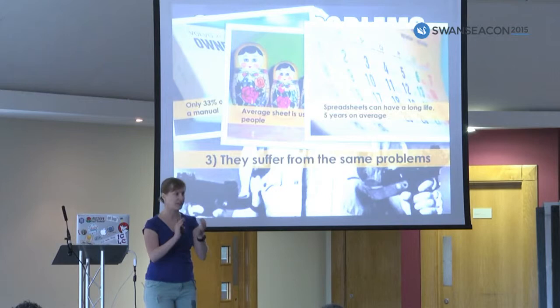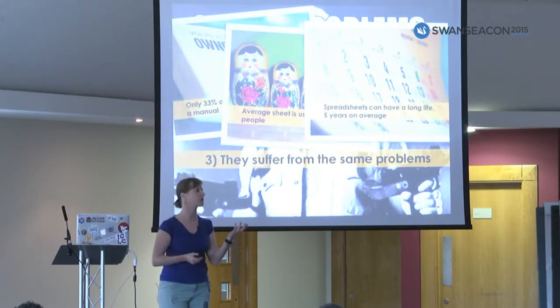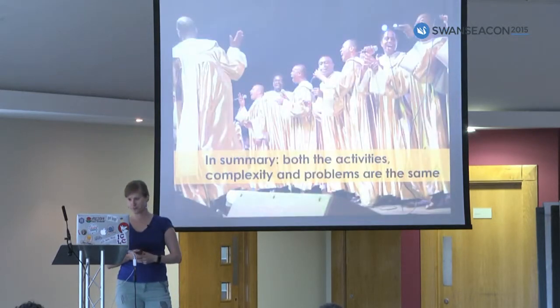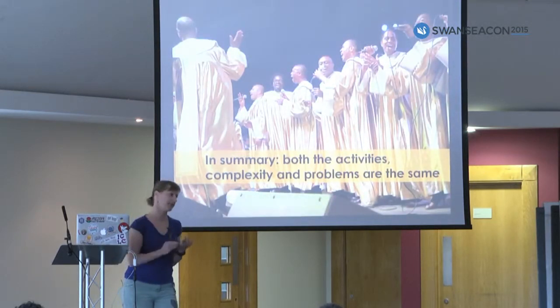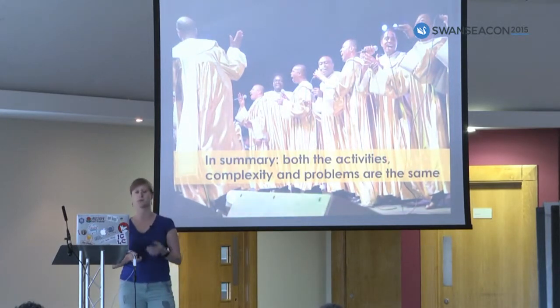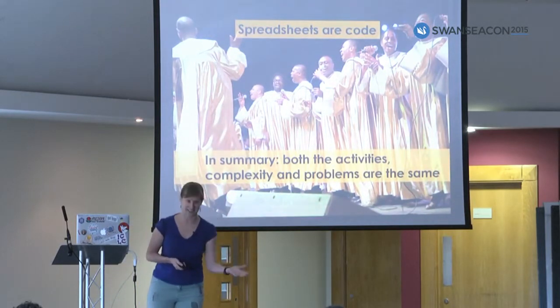It starts out as a little pet project, and before you know it, your whole company is running on this one thing you made, either it's code or it's spreadsheets. So in summary, both the activities that spreadsheets are used for, the complexity and the associated problems, are similar in spreadsheets and source code. But I'm going to go even further than that.